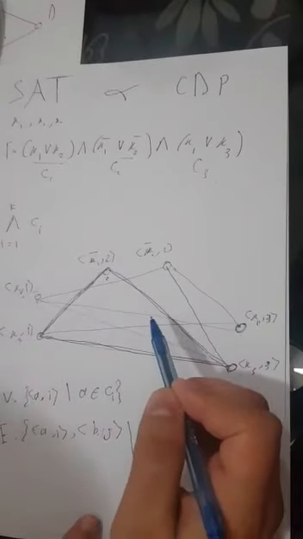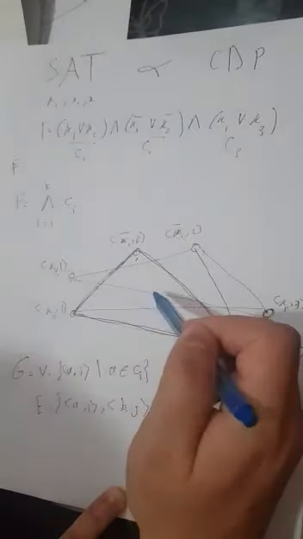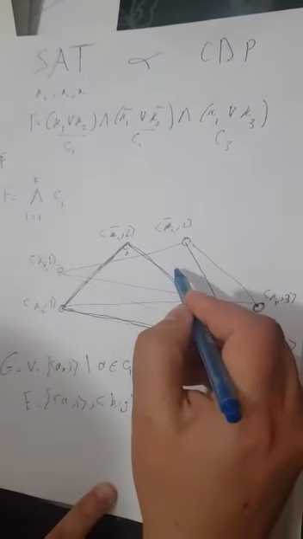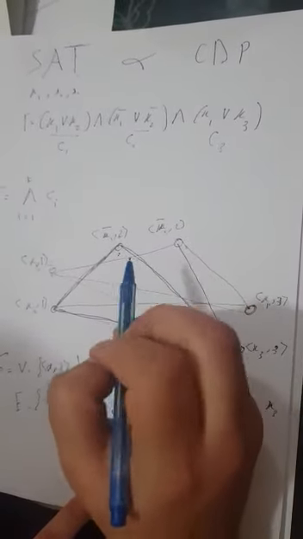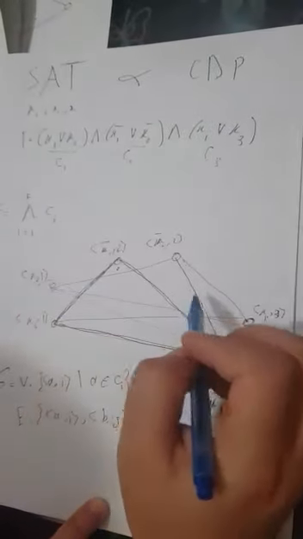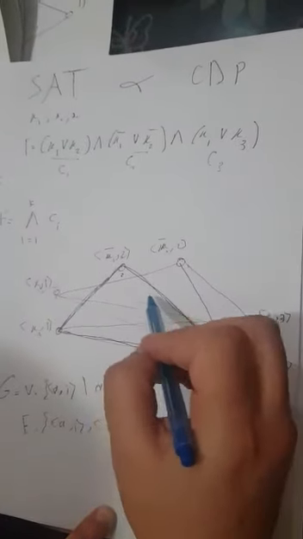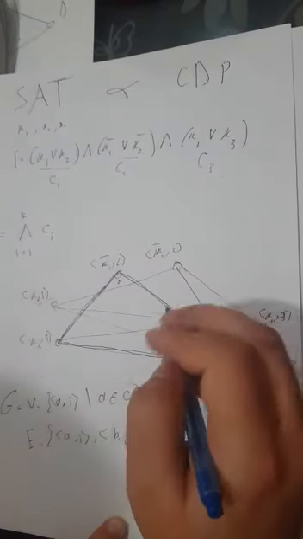Now, if we want to say that SAT is reduced to CDB, this means that we must prove that each clique of size 3 which is inside that graph must satisfy that formula.